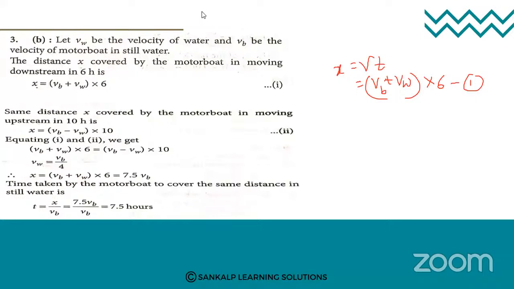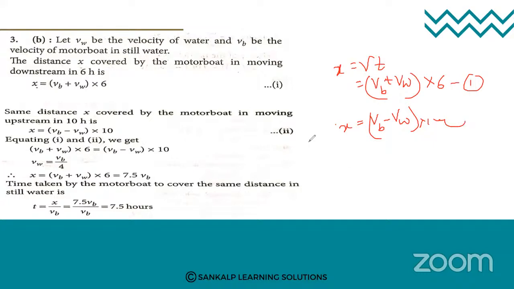So first it moved downstream in the 6 hours. Next it is moving upstream in the 10 hours. So in that case, how are we writing the velocity? We are writing x is equal to, it is in the opposite direction now, the motorboat and the water flow. Therefore, VB minus VW into 10. So this is equation 2.